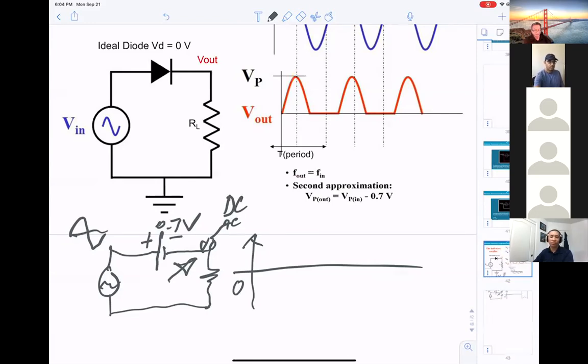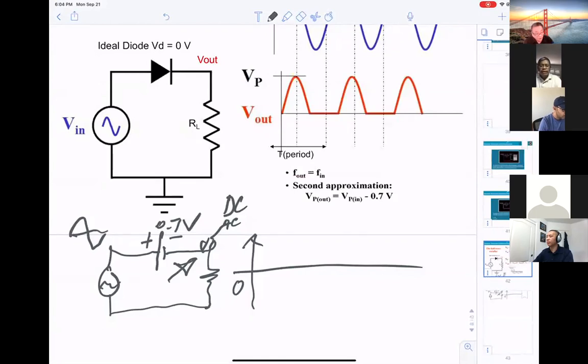What is the DC? DC is 0 here. Come on. It's VP minus 0.7. You have to get minus 0.7 volts riding on the AC. That's what you get, minus 0.7 right here.